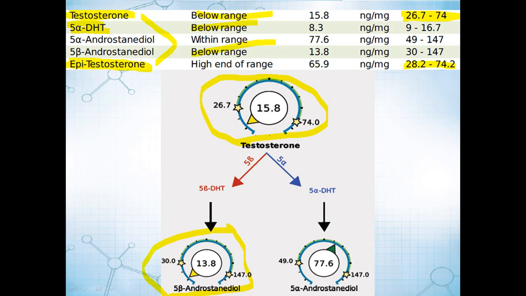Well, it just so happens that those three hormones are conjugated by the same enzyme. And there is actually a defect in this enzyme that I believe this patient has that makes the testosterone potentially a false low on this patient. So you can see the epitestosterone is in the high end of the range and testosterone is well below range.